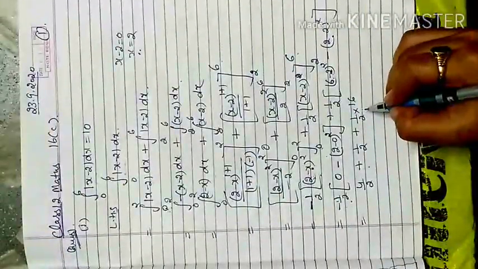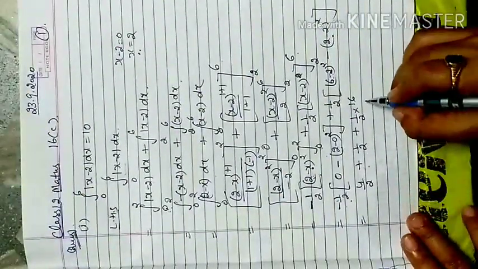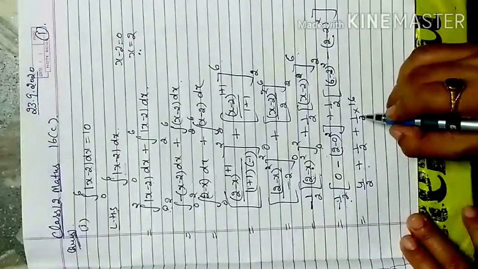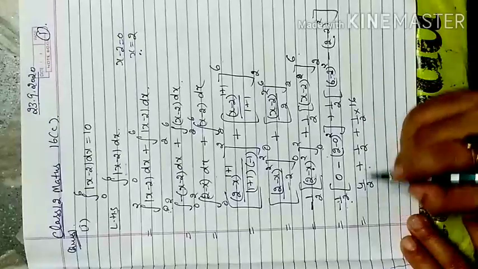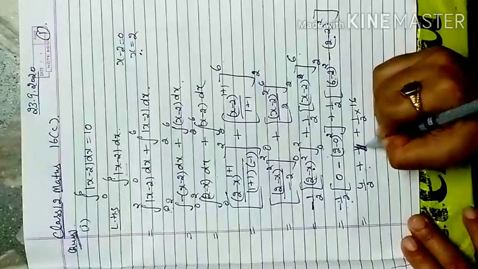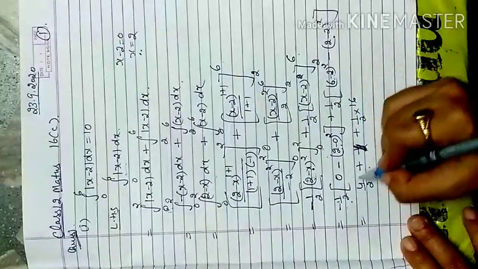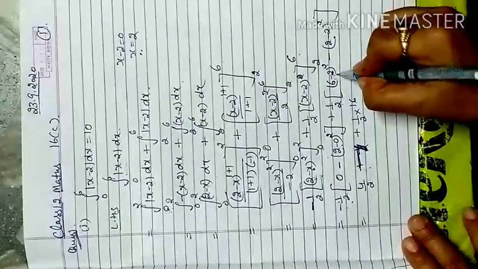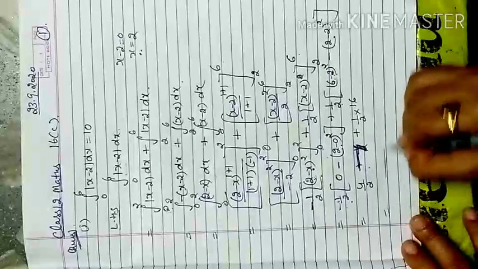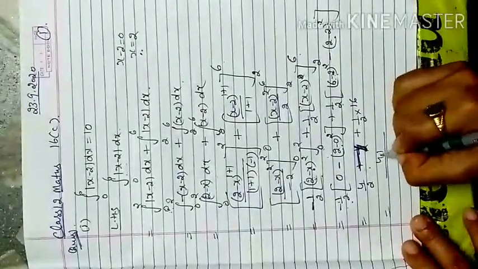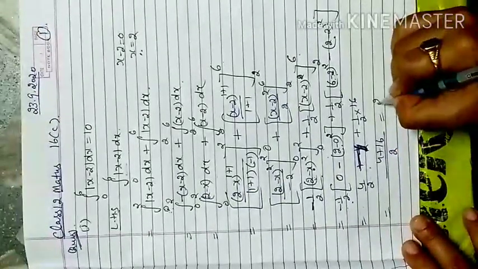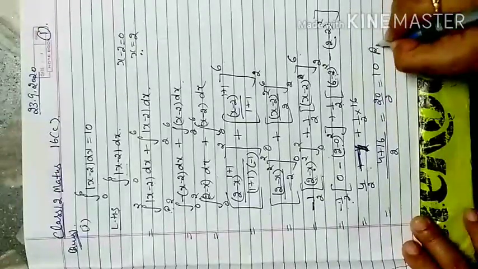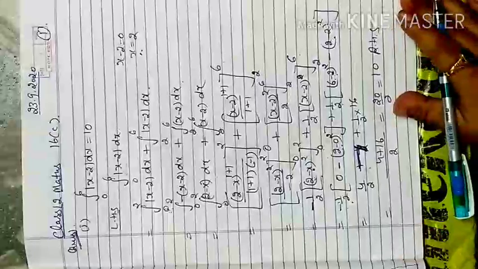All the terms have 2 as denominator, so it is easier for me to add. Here it is not 1 by 2, because this multiplied with this gives me 4 by 2, and this 1 by 2 multiplied with 16. Now you take the LCM as 2, 4 plus 16, then 20 by 2 is equal to 10. So that is exactly equal to your right hand side.